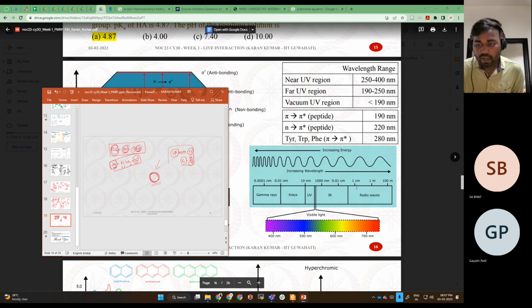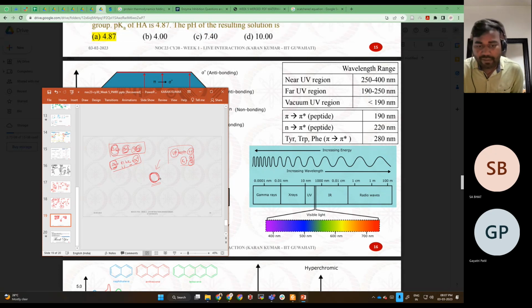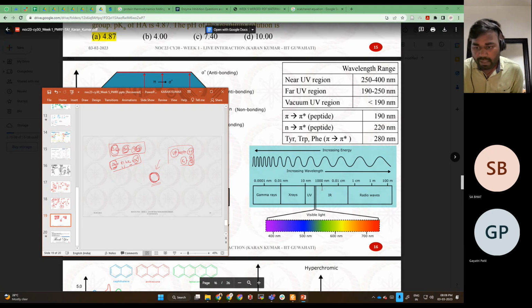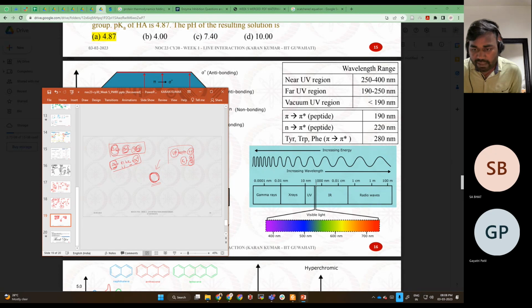And these cannot interact with matter. But in the IR range, when it is falling from 1000 nanometer to 0.1 centimeter, these kinds of wavelengths can interact with the bonds that exist in the molecule.